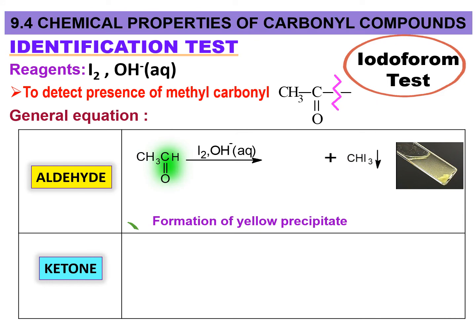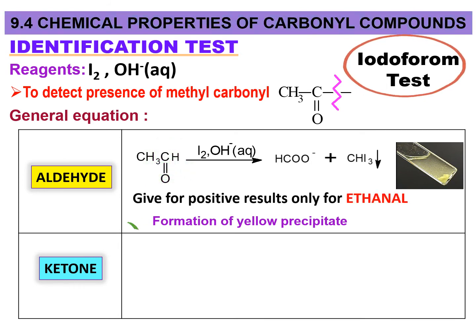The remaining HCO will form carboxylate ion. For aldehyde, the iodoform test only gives a positive result for ethanal.